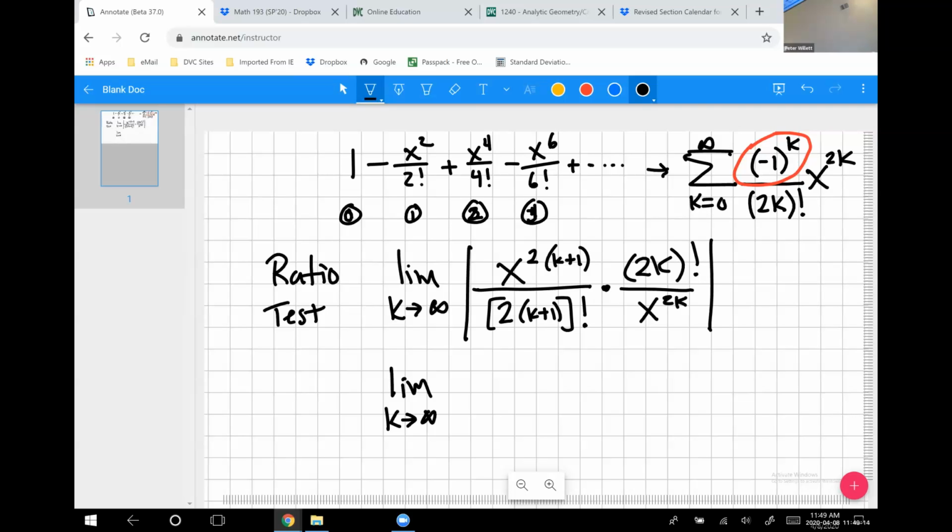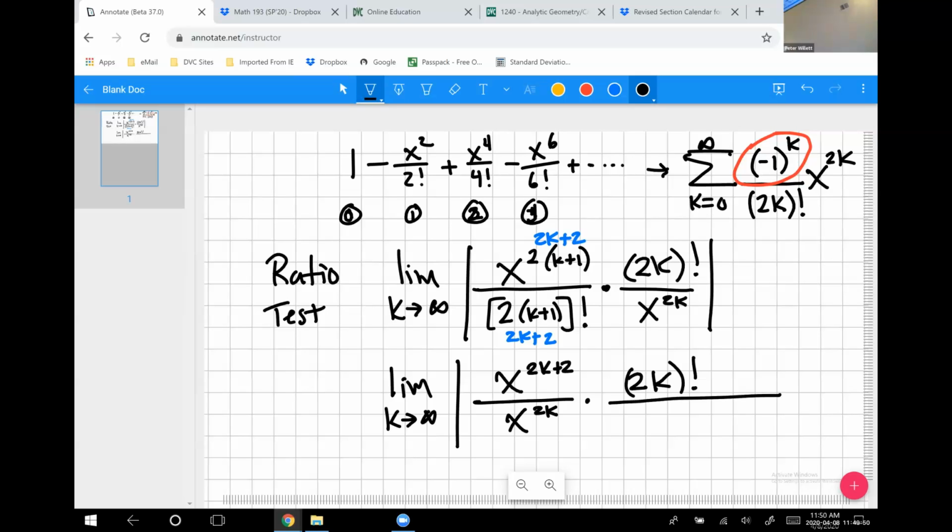So the power here, if I distribute, is 2k plus 2. So this is the limit of the absolute value of x to the 2k plus 2 divided by x to the 2k, and 2k factorial divided by 2k plus 2 factorial.